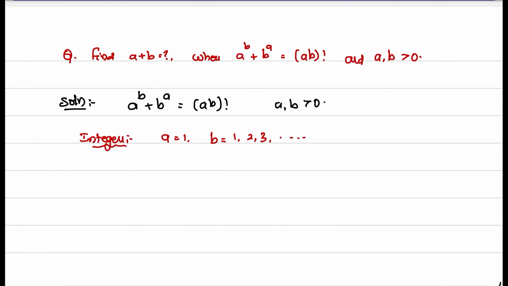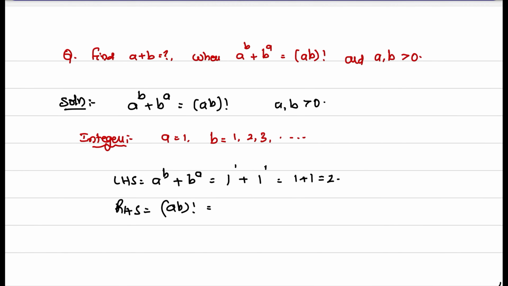Now, let us say, what is the left hand side? a to the power of b plus b to the power of a, that is 1 to the power of 1 plus 1 to the power of 1, that is equal to 1 plus 1, that is equal to 2. What is the right hand side? It is a into b factorial, that is 1 into 1 factorial, that is equal to 1. It implies left hand side is not equal to right hand side.